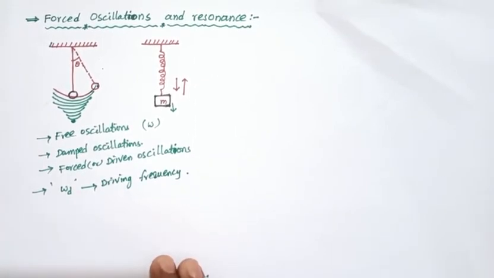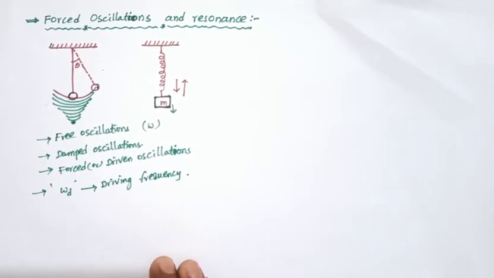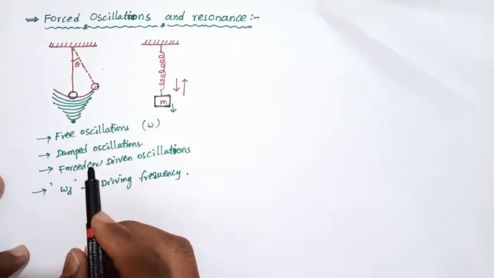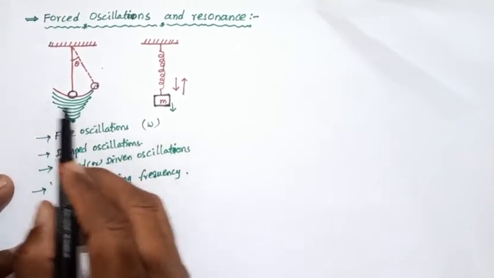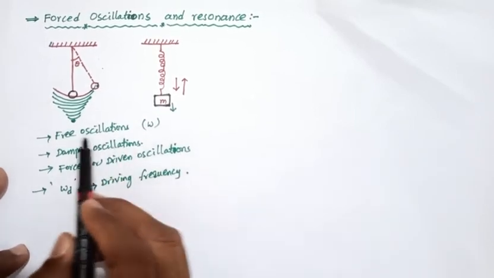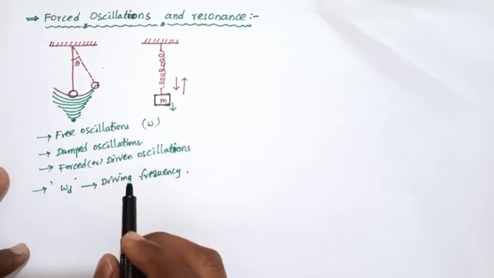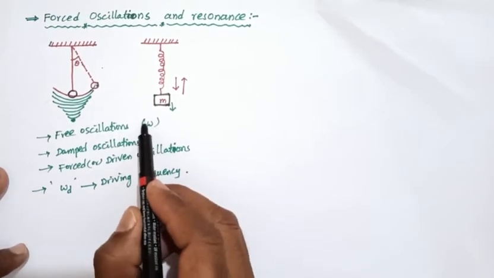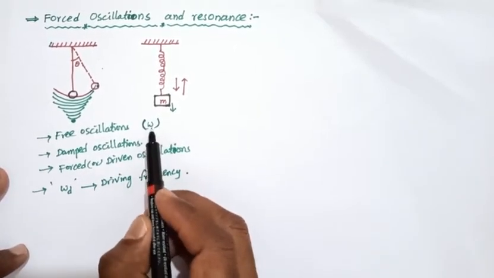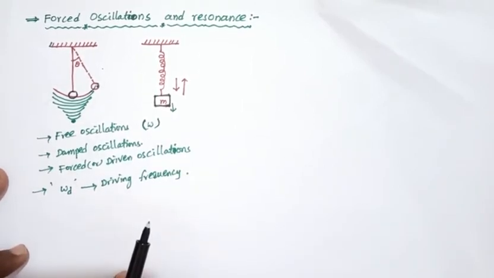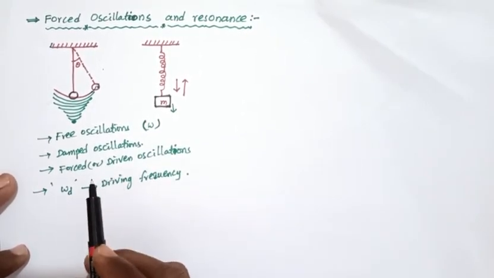In forced periodic oscillations, the system, that is the spring system or simple pendulum, oscillates not with its natural free oscillation frequency, but at the frequency omega d.